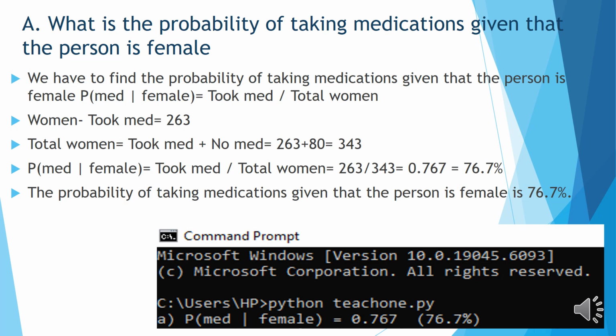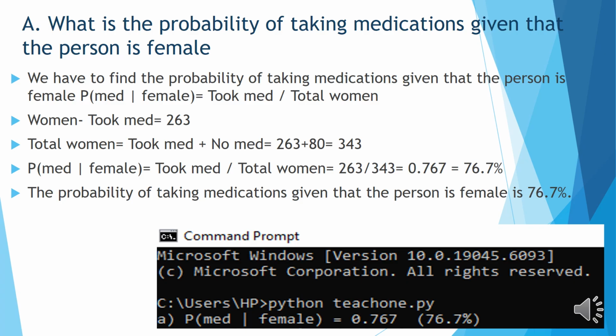Let's move on to the next slide. Part A of the question: what is the probability of taking medication given that the person is a female? Women who took medication, from the table, number 263. The total number of women would be the ones who took medication plus the ones who did not, which comes up to 343 in total.